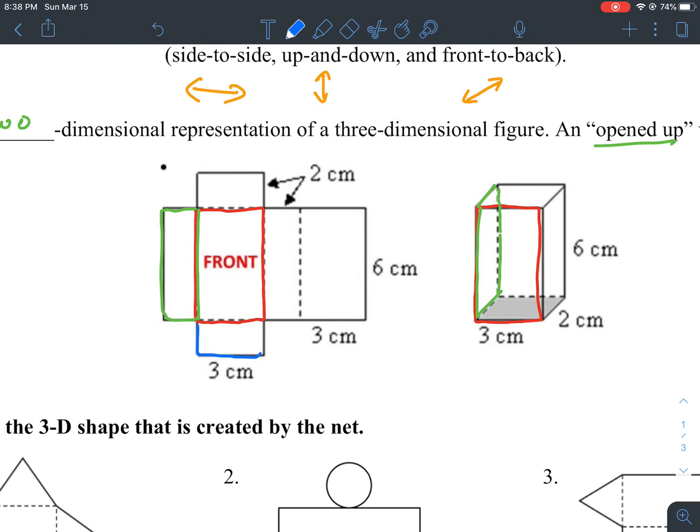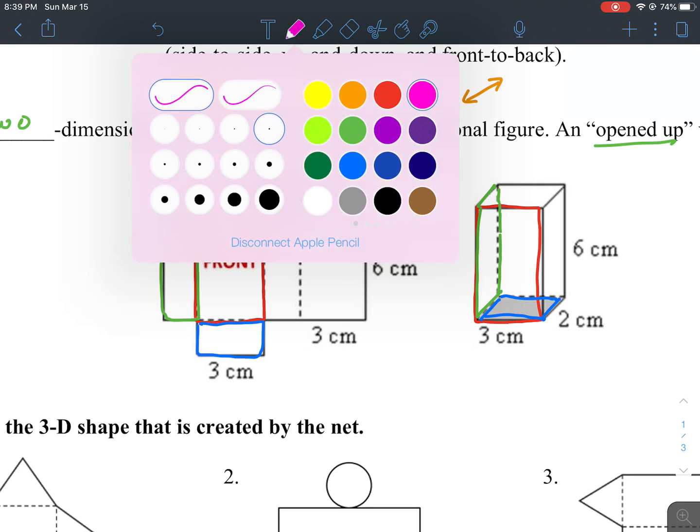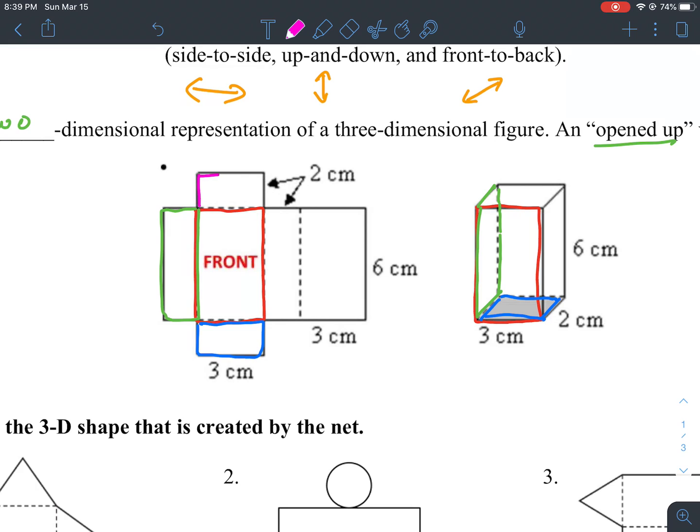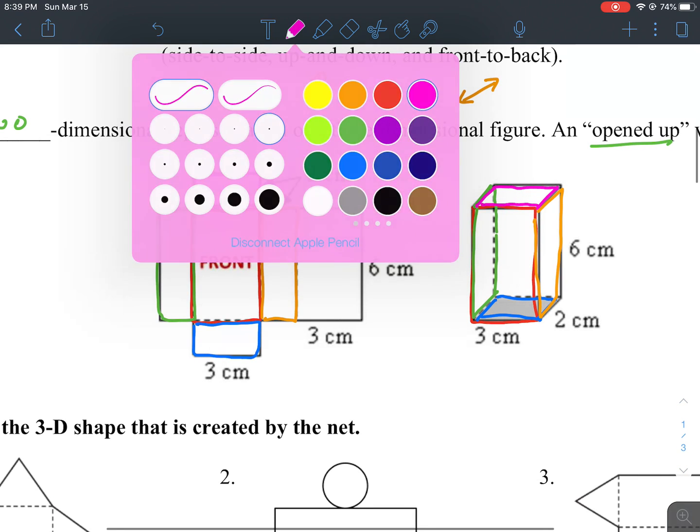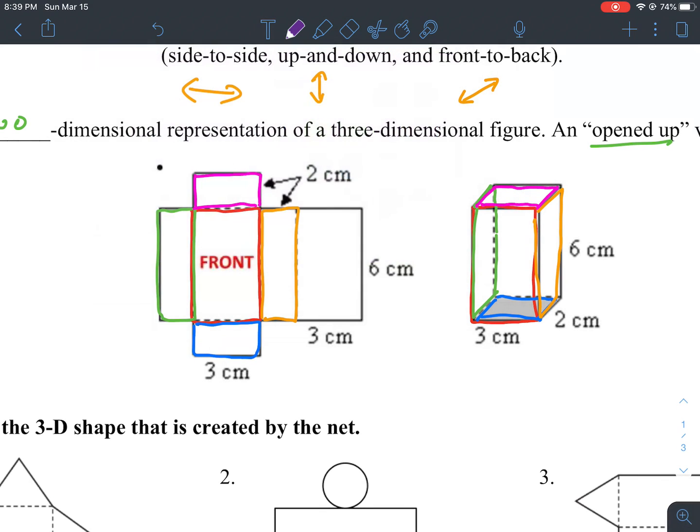This part right here would be the bottom when folded back in. This top part when folded would correspond to this top part here. This rectangular piece would correspond here, and then the last part would be the back.